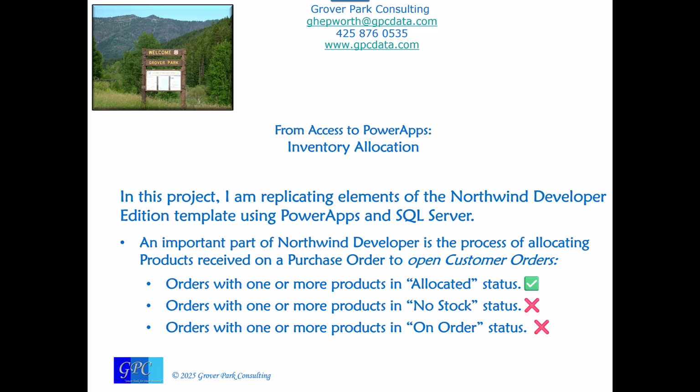If an order comes in that exceeds the amount in our warehouse, but is less than the amount in our warehouse plus the amount on a truck on order, then we put that product in on order status and hold it until that truck arrives and we can allocate the stock on that truck to our open order. I'm going to give you an illustration or a demo of that process today.